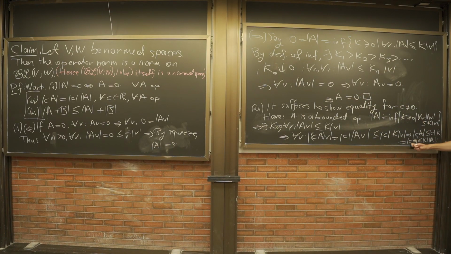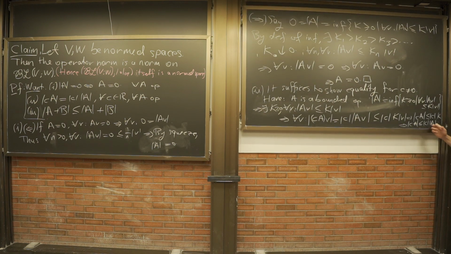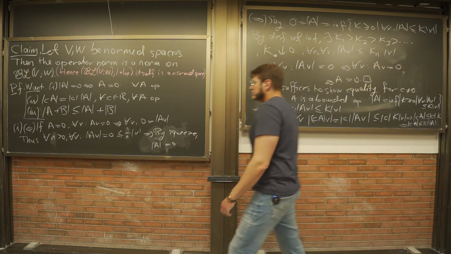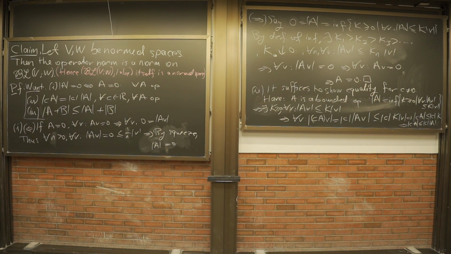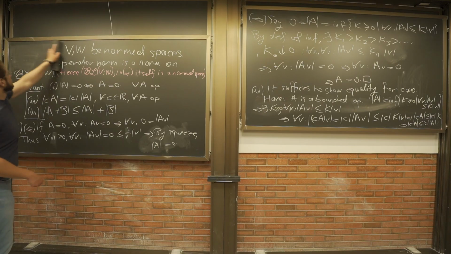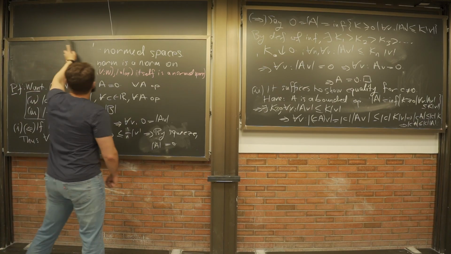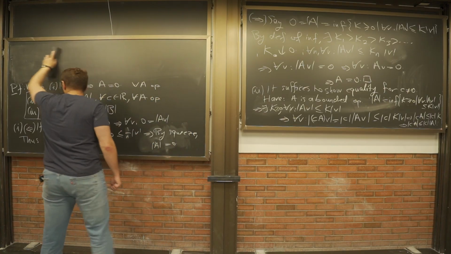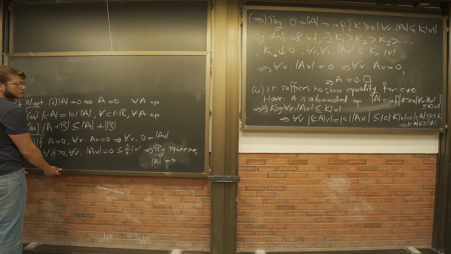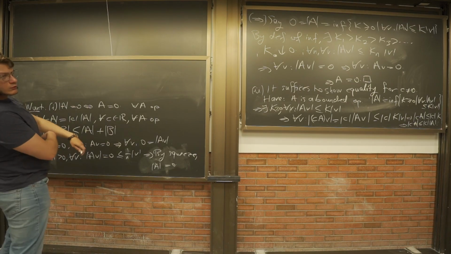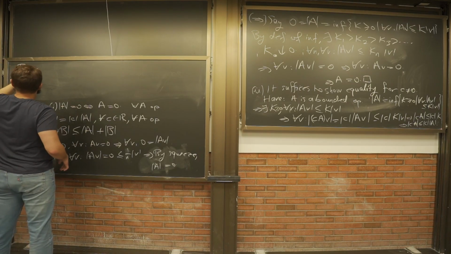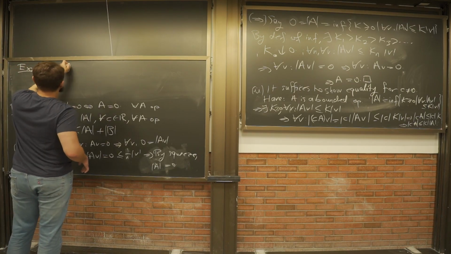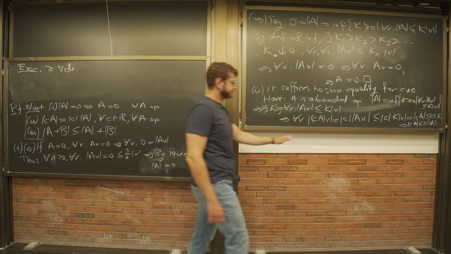Now you need to show that this is bounded from below by this number. And now that you show this, you know that this is a finite number too, by the way. So let me write it here. Exercise: the other side.